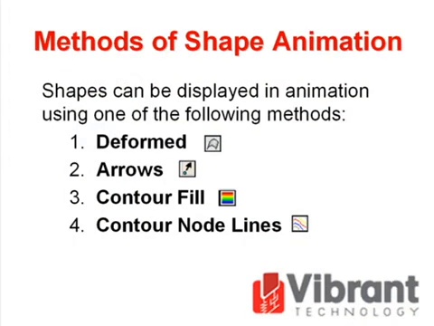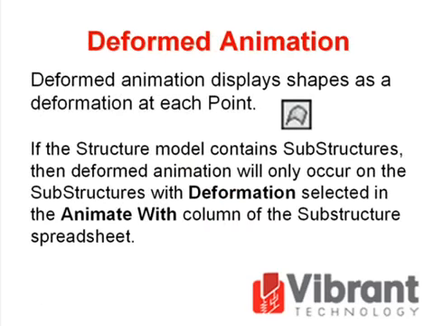Shapes can be displayed in animation using one of the following methods: deformed, arrows, contour fill, and contour node lines. Deformed animation displays shapes as a deformation at each point. If the structure model contains substructures, then deformed animation will only occur on the substructures with deformation selected in the Animate Using column of the substructure spreadsheet.